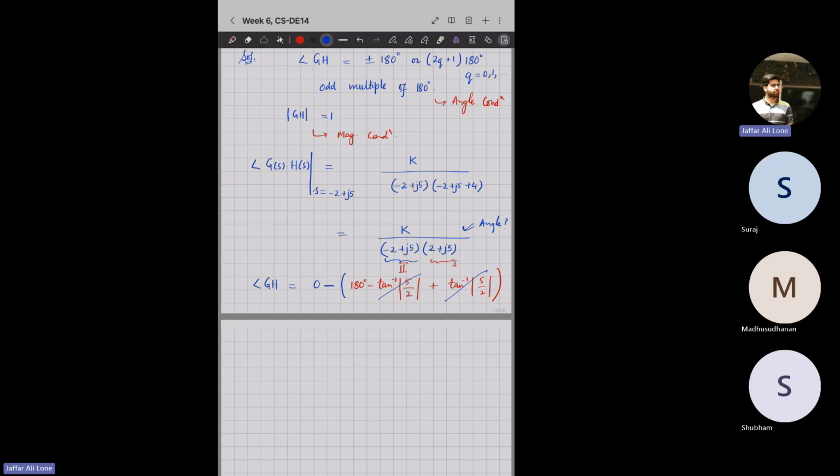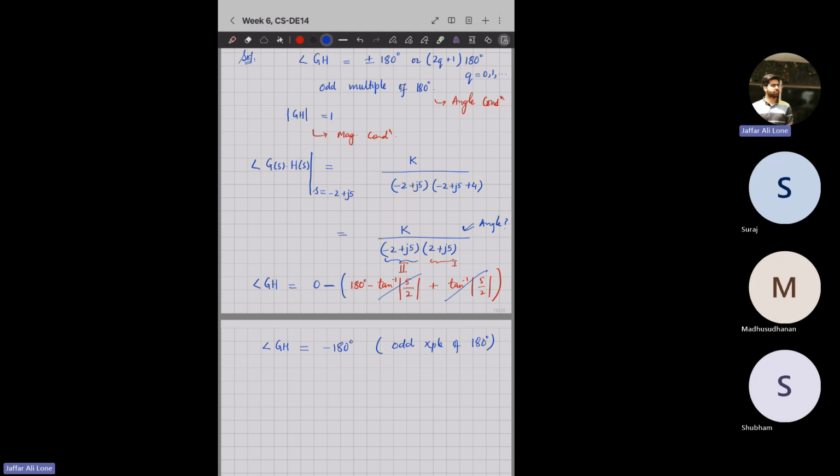This and this cancel. So my angle of GH will be equal to minus 180 degrees, which is an odd multiple of 180, because we can write it as 1 into 180. It means the angle condition is satisfied.